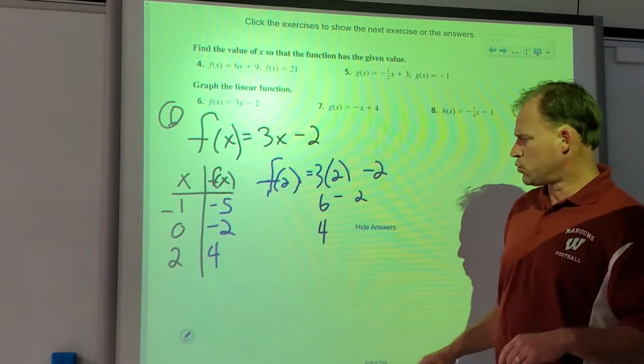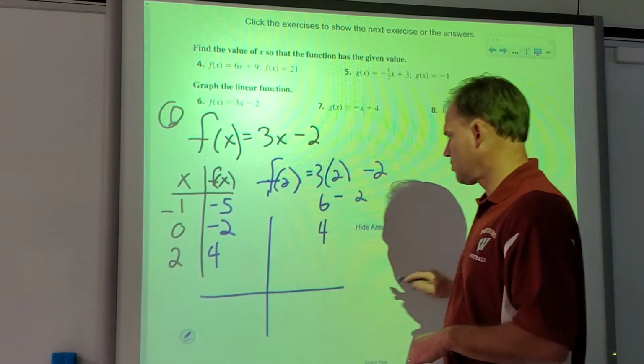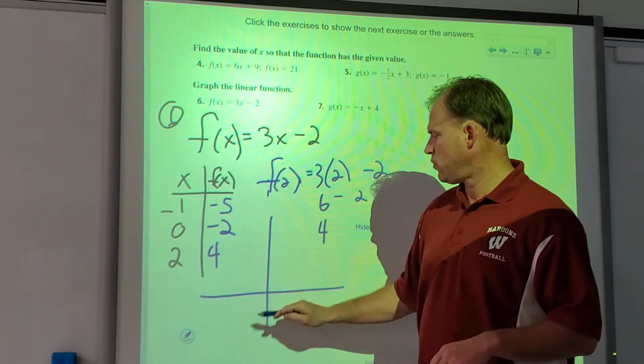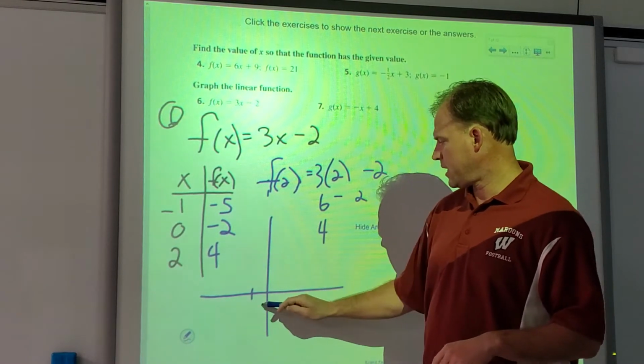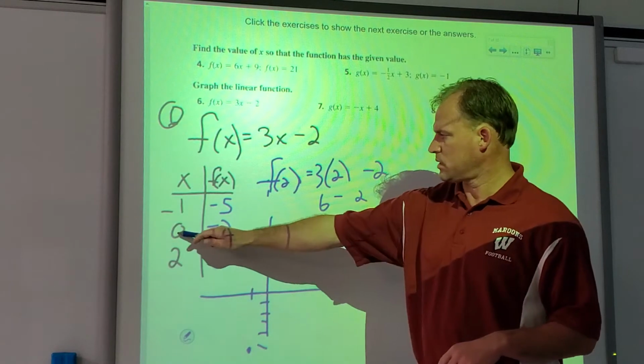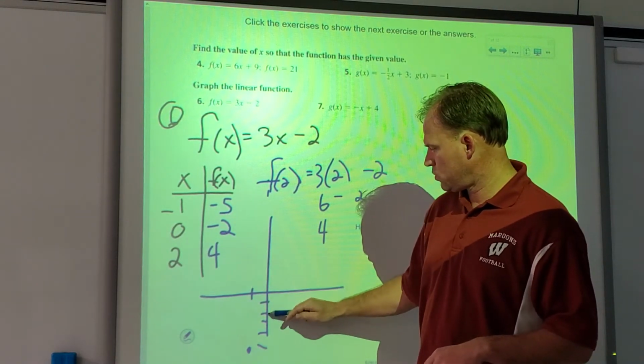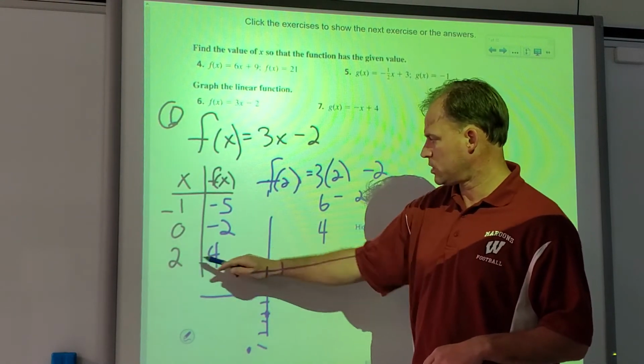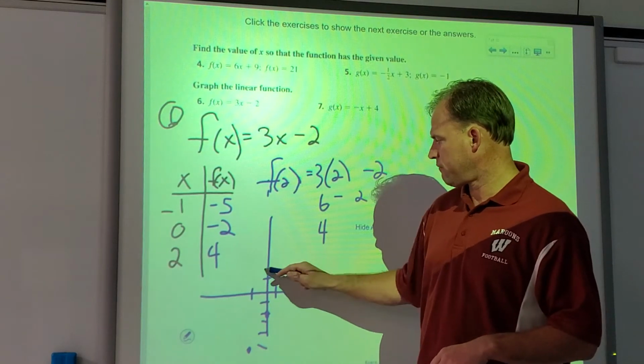Now, you graph those values. I put -1 for my first one, I got -5. When I plugged in 0, I got -2. When I plugged in 2, I got 4.